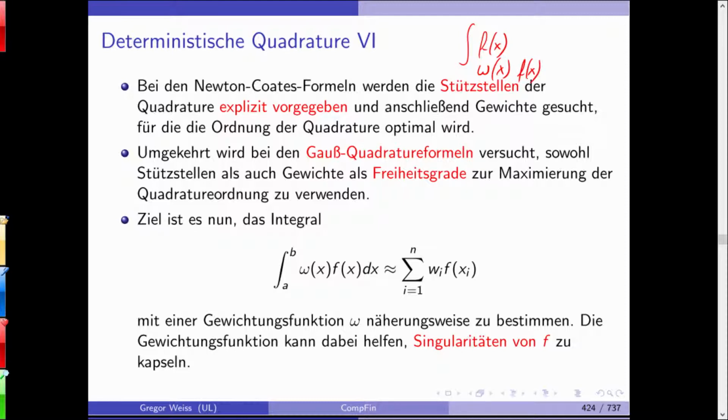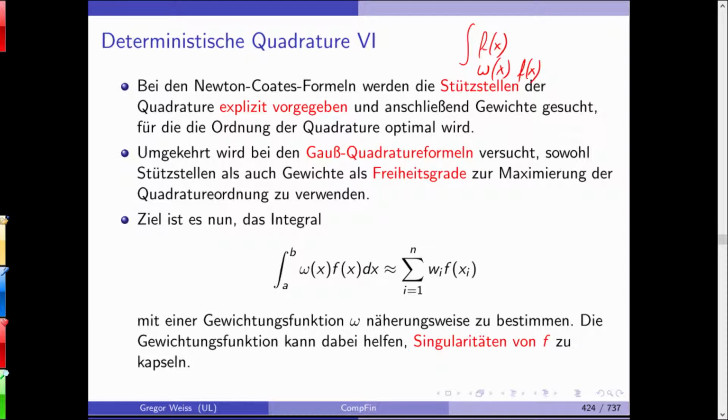A very simple idea. In some cases, it might be that you have a function that is actually quite difficult to approximate and to calculate the integral. And then you can try to isolate certain singularities in a weighting function and simply put it into omega of x, and then for certain weighting functions omega, you just know how the integrals look.